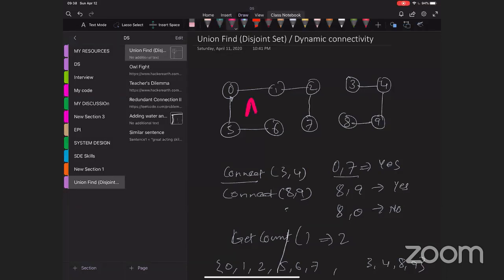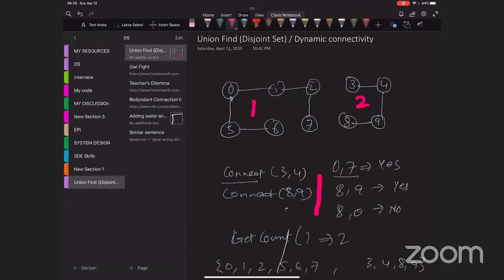For example, this is A and this is B, two components. It is actually 1 and 2, but it will get confused with the nodes 1 and 2. But let me say this is 1 and this is 2. This is my first connected component, this is my second connected component, or first set and second set.